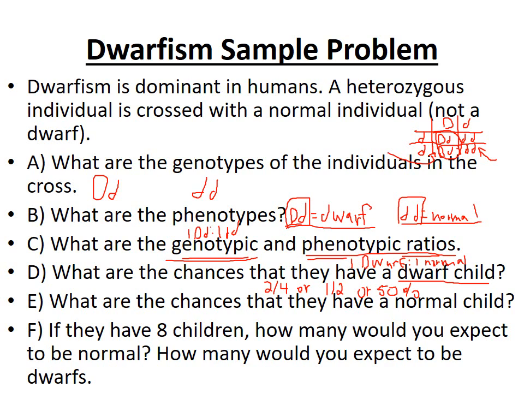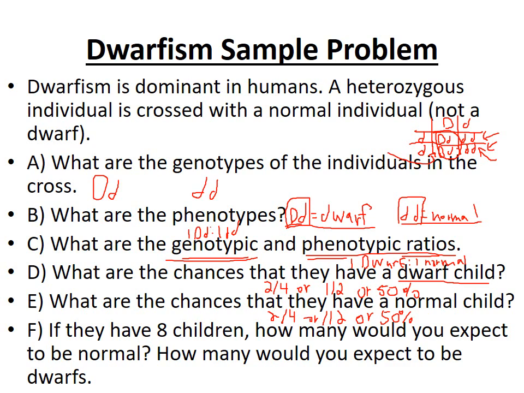A non-dwarf child, well, there's again little d twice out of 4 boxes. So it's the same idea, 2 out of 4 chances, or 1/2, or 50%. So you could extend this to answer the next question, which is, if they have 8 children, how many will be dwarf children, and how many will be normal, non-dwarf children?